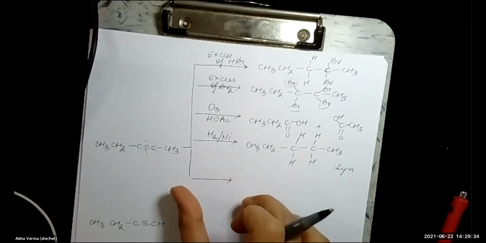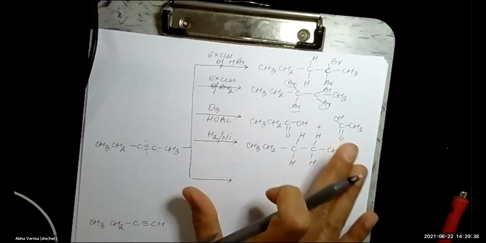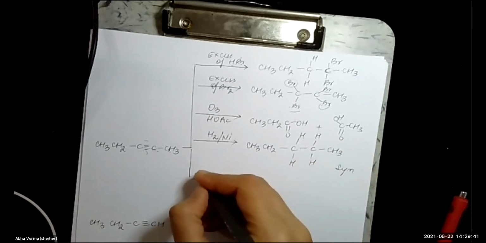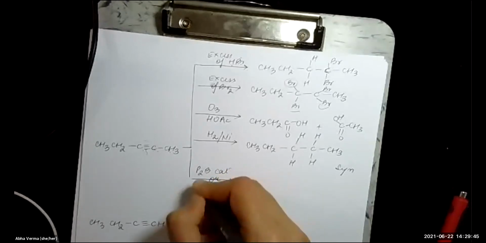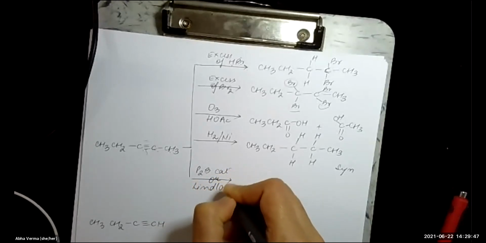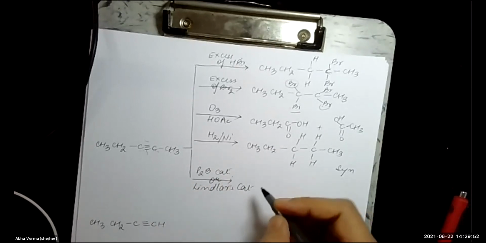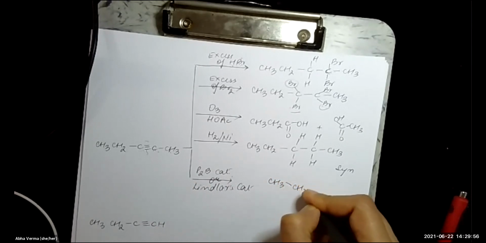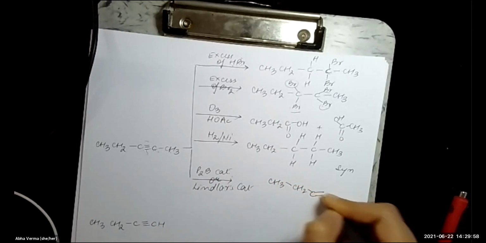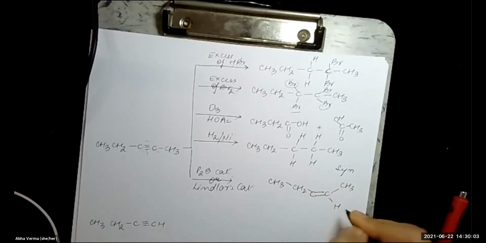But what if you wanted to take a break? You don't want to go all the way to the alkane. You want to stop at the intermediate alkene. That's when you put in your P2 Ni-B catalyst or the Lindlar catalyst. Both of these catalysts, whichever you want to use, will give you a cis alkene.